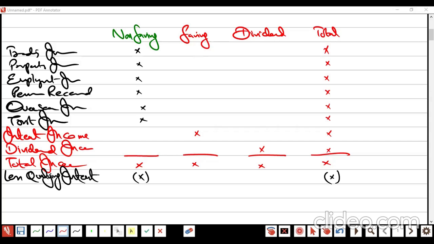Right or wrong? If a taxpayer is paying interest, why?